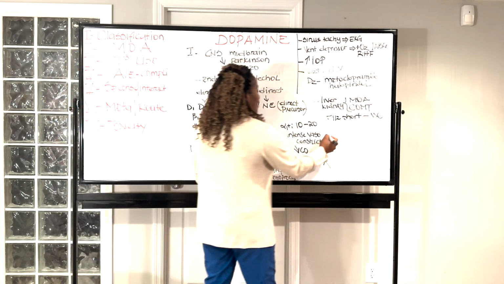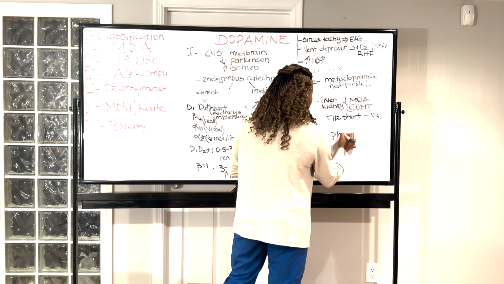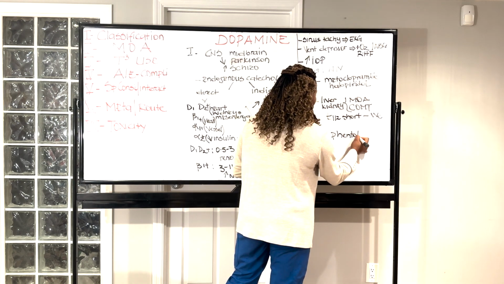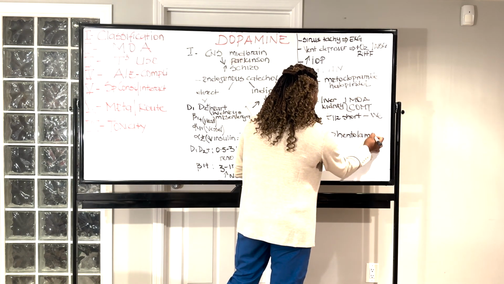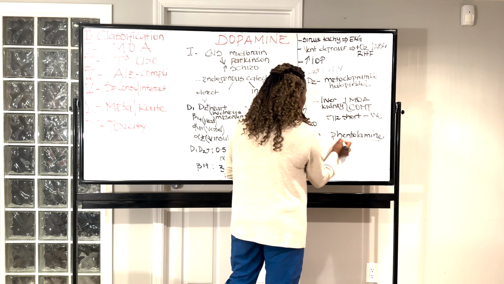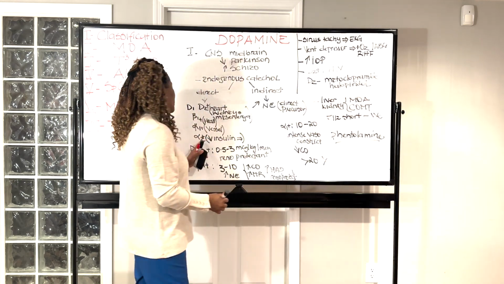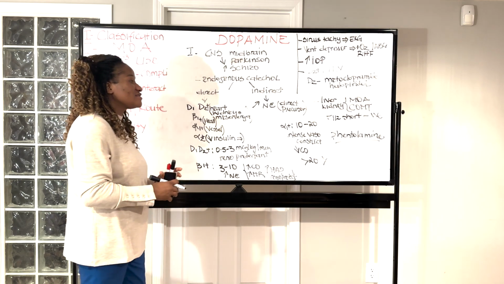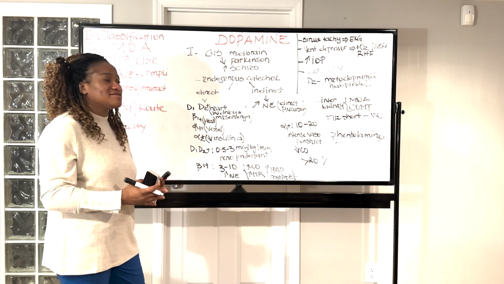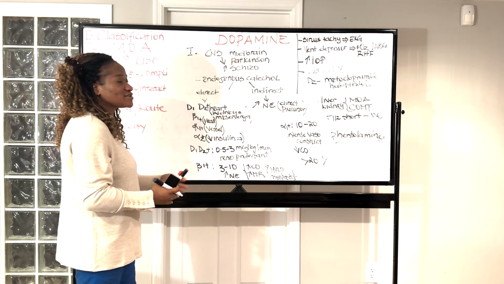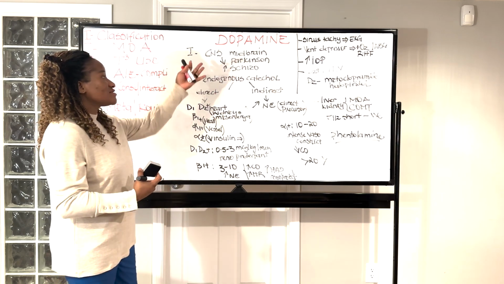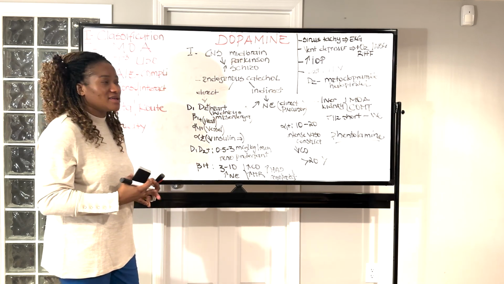And let me write down the drug. Phentolamine. So it's gonna antagonize the alpha 1 and alpha 2 receptor and try to amend that powerful vasoconstriction that the alpha 1 stimulation of dopamine gives you.